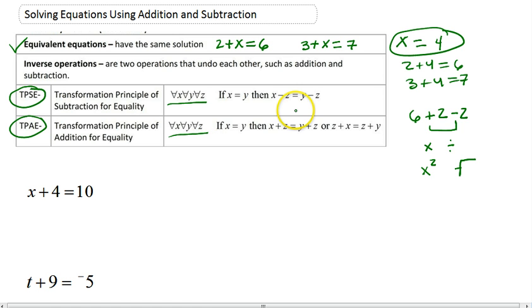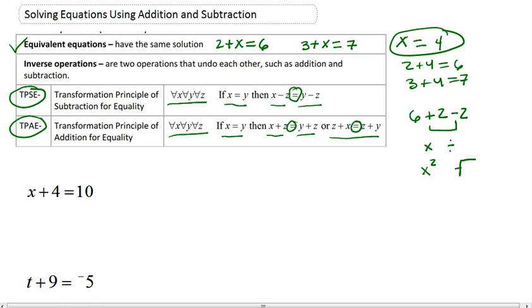The first one, if I have the equation x equals y, then I should be able to write x minus z equals y minus z as long as z is the same number. The same as here. If x equals y, then I should be able to add z to both sides of the equation, without changing its equivalence.